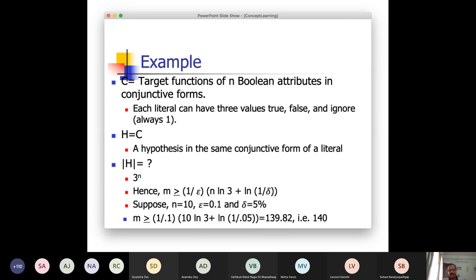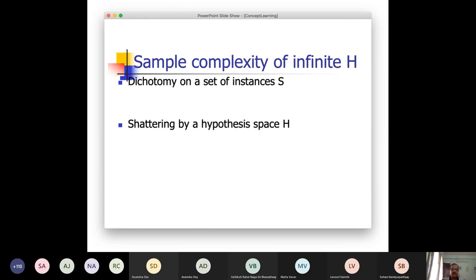Then you get m as 140, which is quite a small number with respect to the kind of data I usually handle in machine learning. So it's a very simple case for which, with this number and that kind of characterization and expectations, you can get some learner.